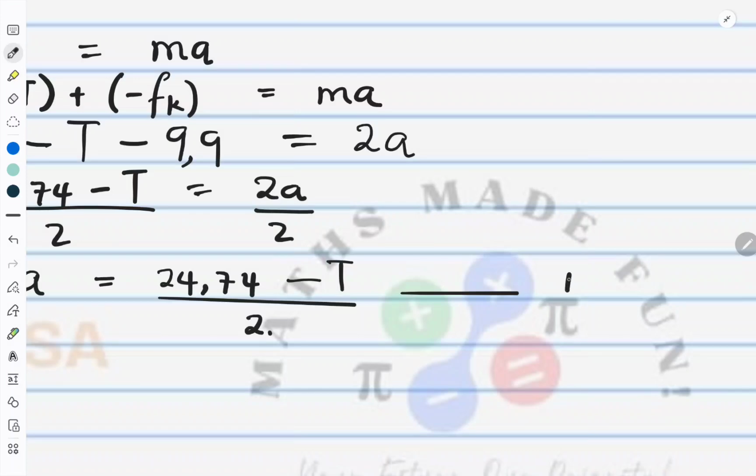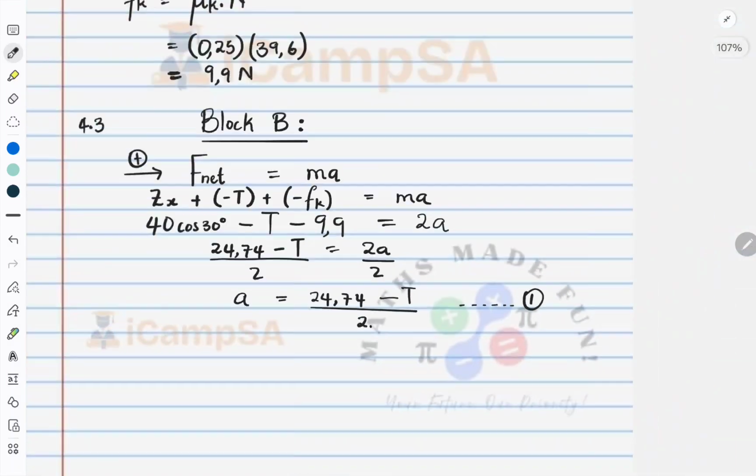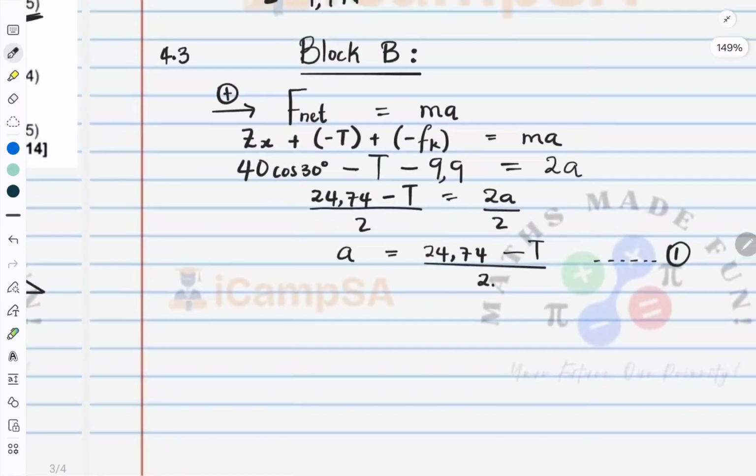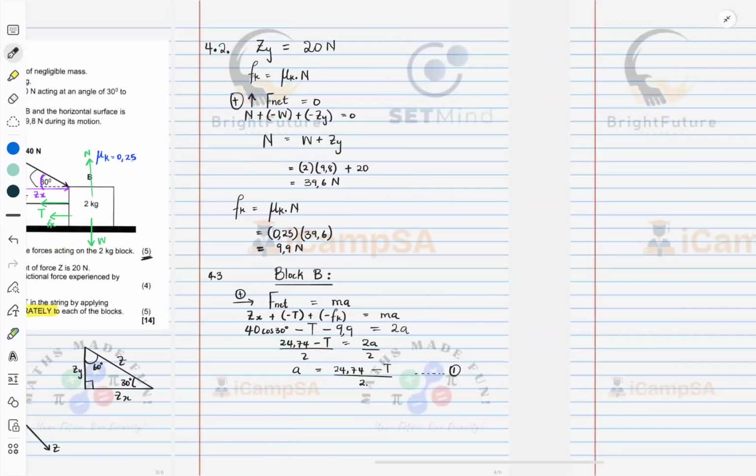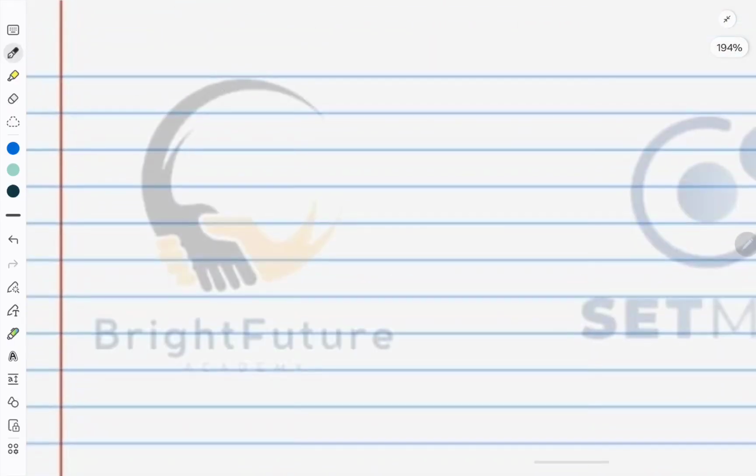Some people prefer the line to be dotted. It's okay, you can do this. So that's equation 1. Then we can go to block A. For block A, we do the same thing.